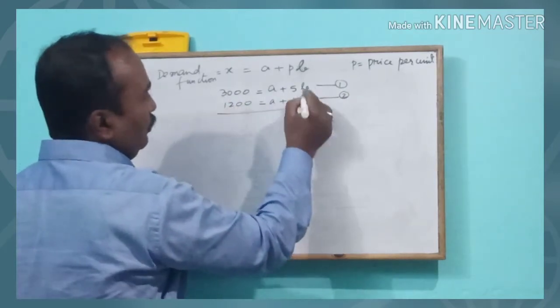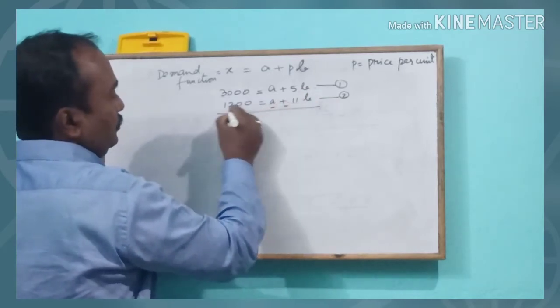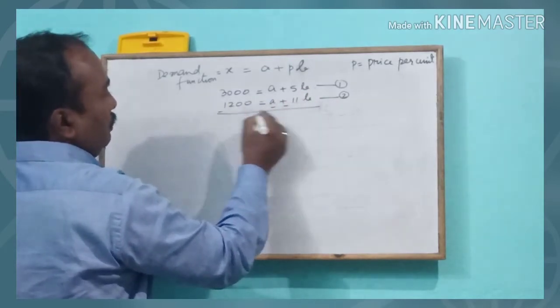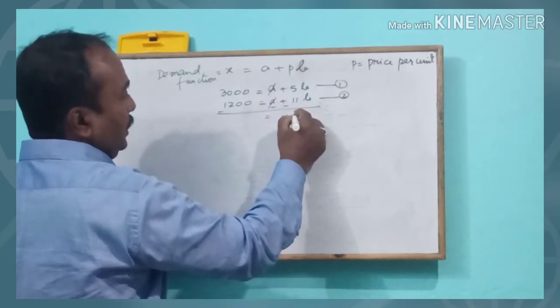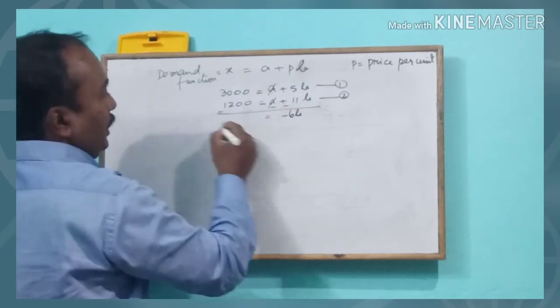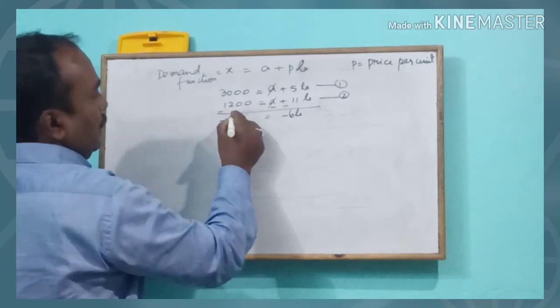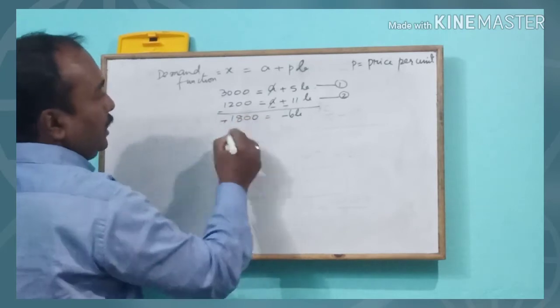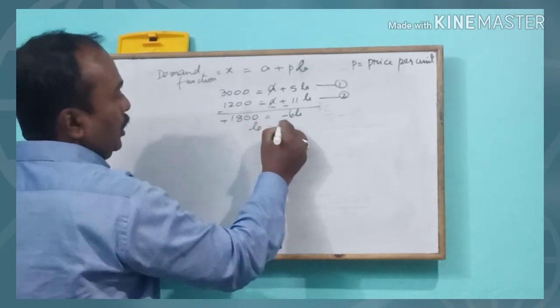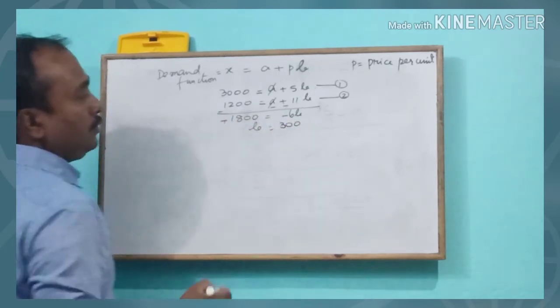Solving both of them, we will get minus 6b equal to minus 1800, or b is equal to minus 300.